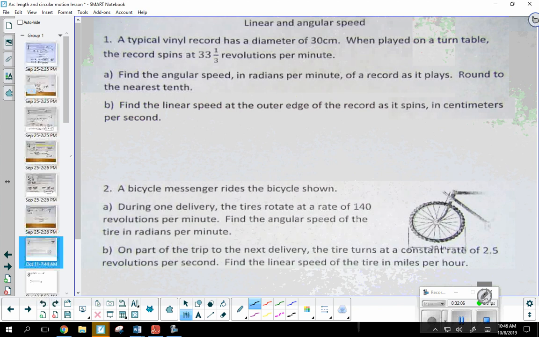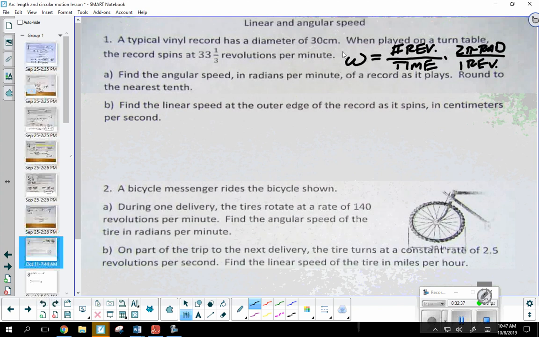Now remember, what we're going to go ahead and do here, the formula to find that was theta divided by T, but if you set it up as this ratio, it works out every time. The number of revolutions with respect to time. See, that's your theta divided by T, but we want it in radians. So I'm going to multiply it by 2 pi radians over 1 revolution.